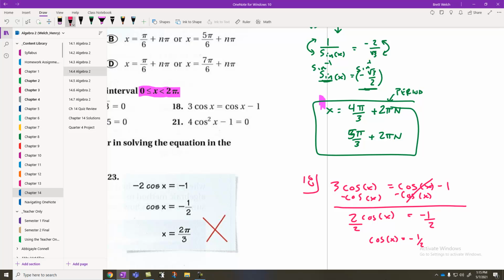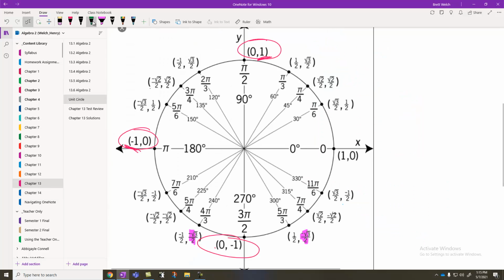I could take the cosine inverse, but again, I'm going to fight with the radians and degree versions. So I'm just going to go to my unit circle and look for when is cosine equal to negative 1/2. Well, cosine is the x-coordinate. X-coordinates are negative on the left, so there's a negative 1/2. And I think right here, there's another negative 1/2. So that would give me values of 2 pi over 3 and 4 pi over 3.